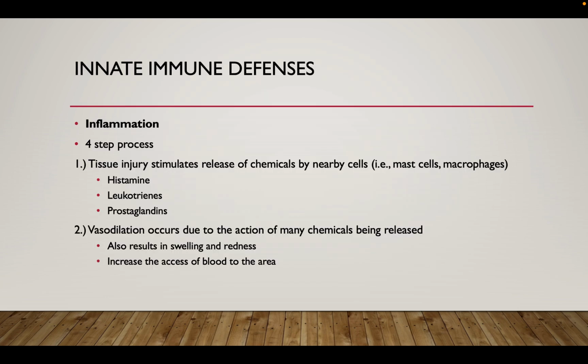So the process of inflammation is going to be a series of steps that are occurring from the time the tissue is injured until times afterwards as the healing process begins. So what we'll start with is tissue injury. Okay, so we injure our tissue, so we mechanically damage it, or we have some type of infection, and what happens is the immune cells and the endothelial cells of the general area will release different chemicals.